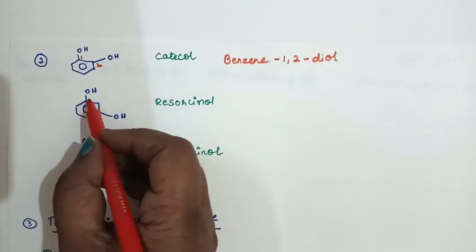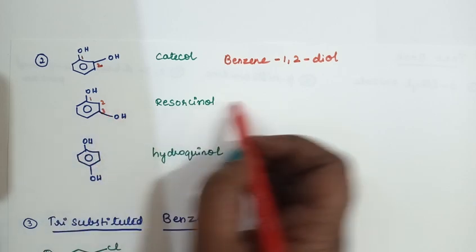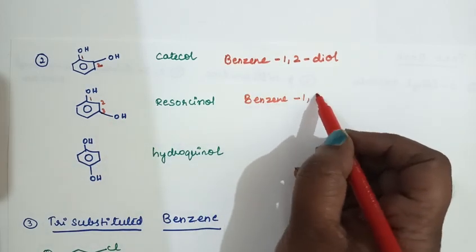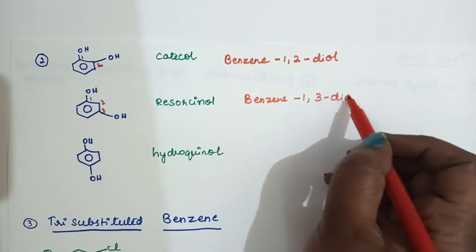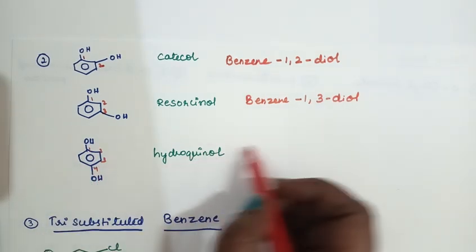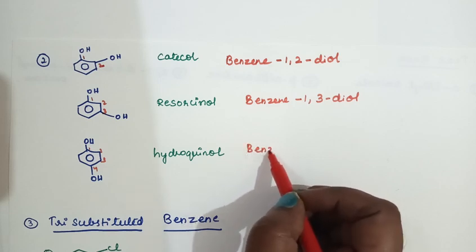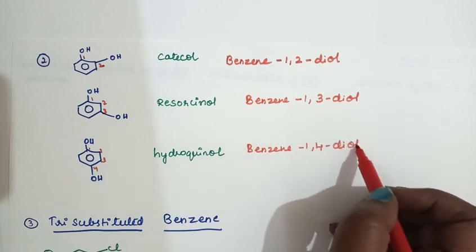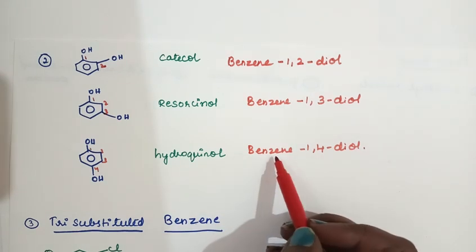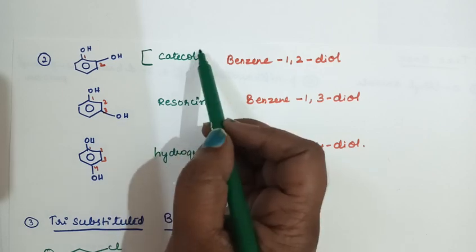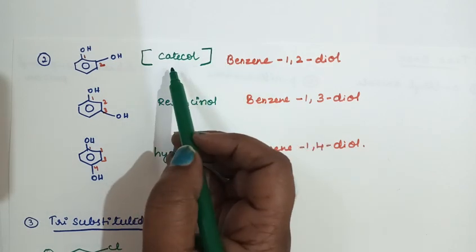So this is benzene 1, 2, diol. And here 1, 2, 3. So it will be benzene 1, 3 diol. And here 1, 2, 3, 4. So it will be benzene 1, 4 diol. So students, this is the IUPAC nomenclature. And in the bracket I have written their common names which you have to remember.